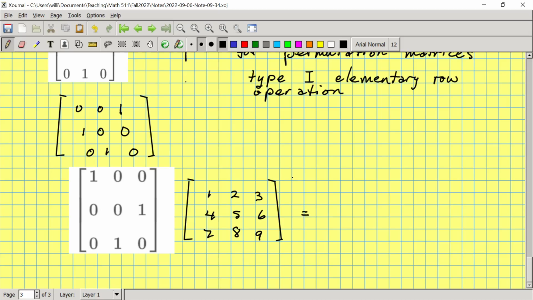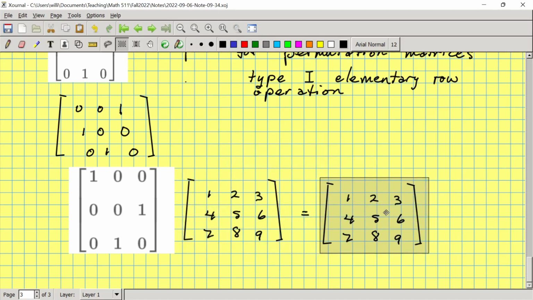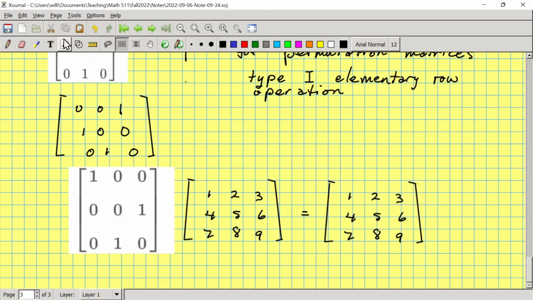The way that I calculate the product is I'm multiplying matrix A on the right by a very simple matrix on the left. And that simple matrix on the left says 1 times row 1 plus 0 times row 2 plus 0 times row 3.